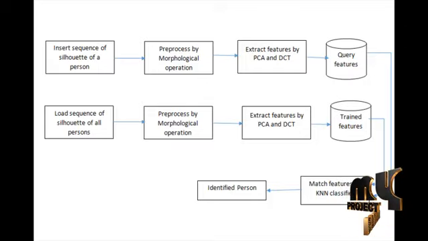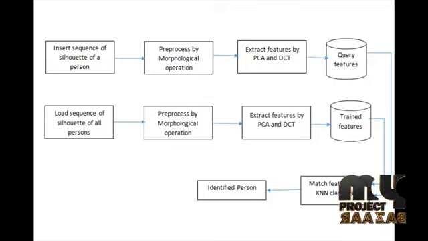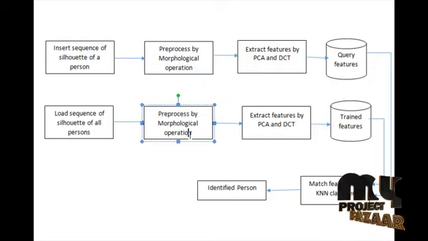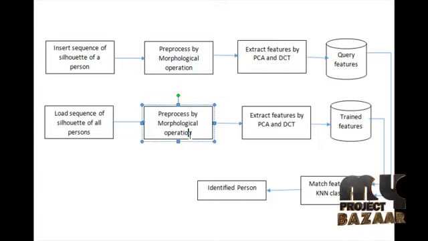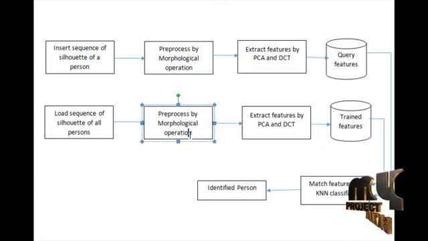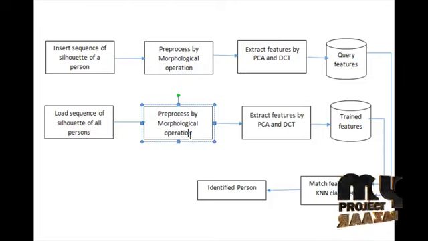All the silhouette images are loaded and we perform the morphological operations. The morphological operation preserves the edges of the human silhouette. Human silhouettes are sometimes affected by stray edges, which are removed while preserving the human edges.